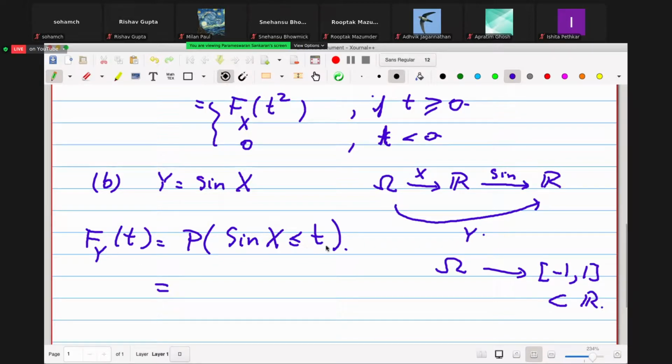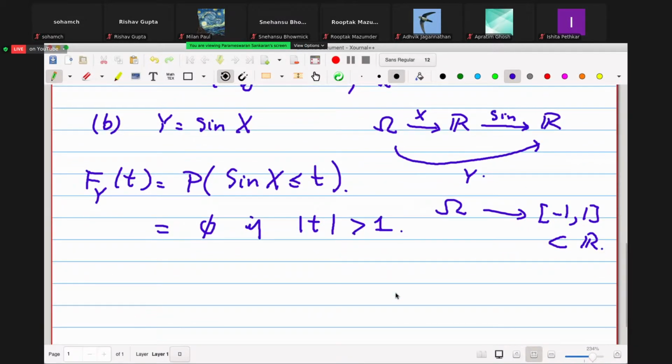So t is allowed to be any real number. So of course this is equal to the probability of the empty set, which is of course 0, if mod t is strictly bigger than 1.